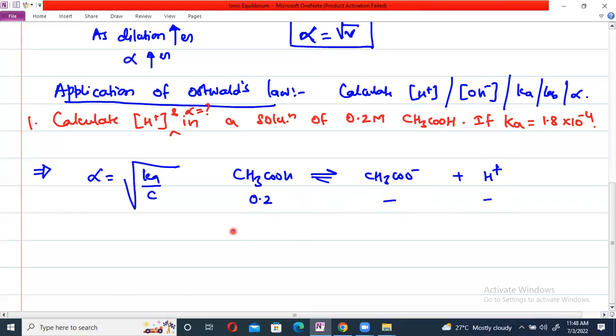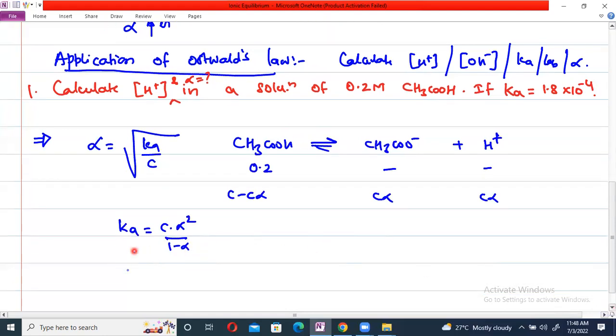It becomes 0 and 0. Now, C minus C alpha, it forms C alpha, it forms C alpha. So we can write Ka equal to C into alpha square by 1 minus alpha. We know the value of K is given as 1.8 into 10 to the power of minus 4.